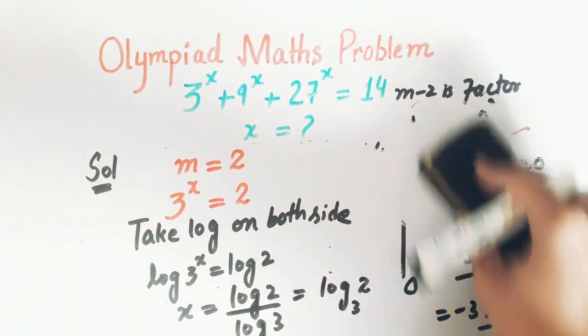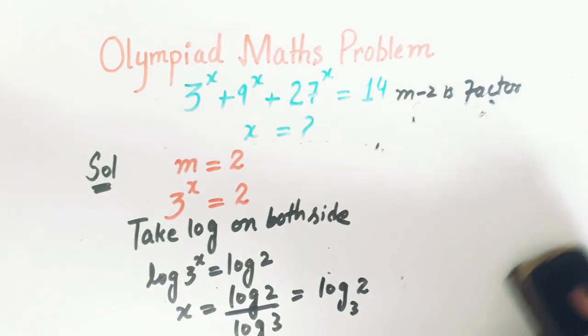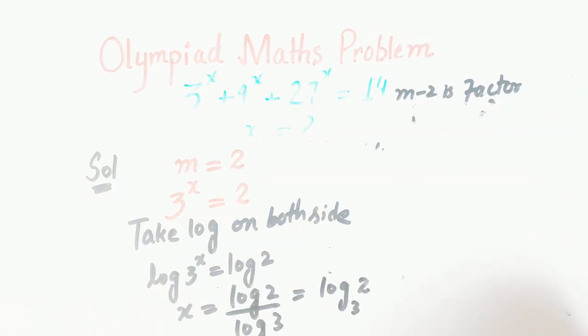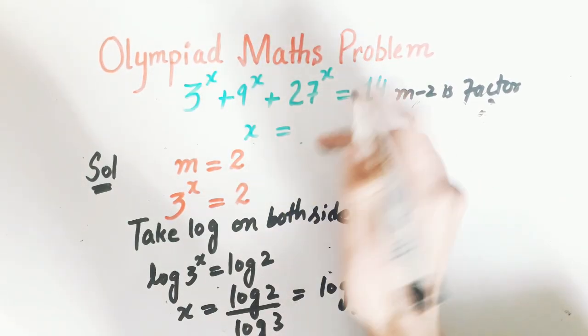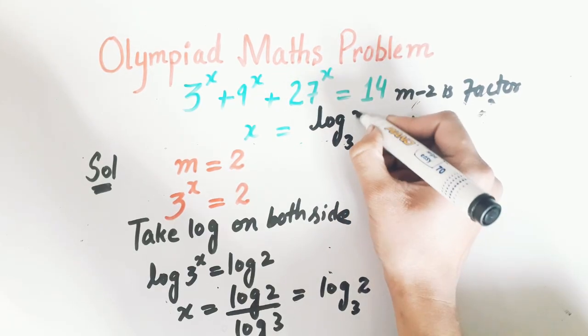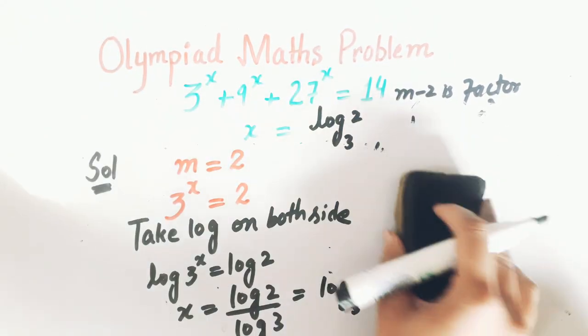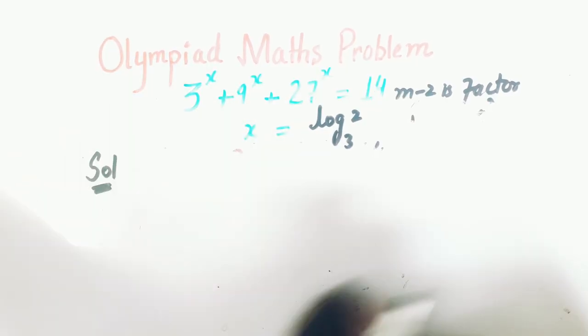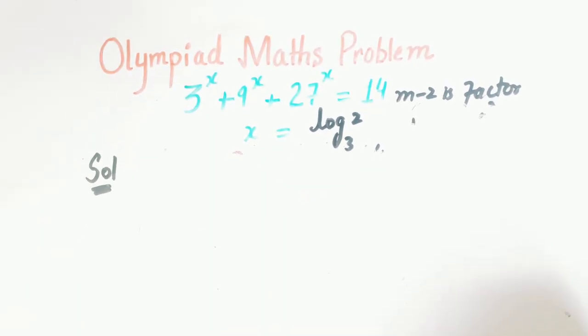Now in the last we will do the verification. Is our answer correct or not? And check it. So x equals log base 3 of 2. Now we will do the verification. For this purpose we will just substitute the value of x in this.